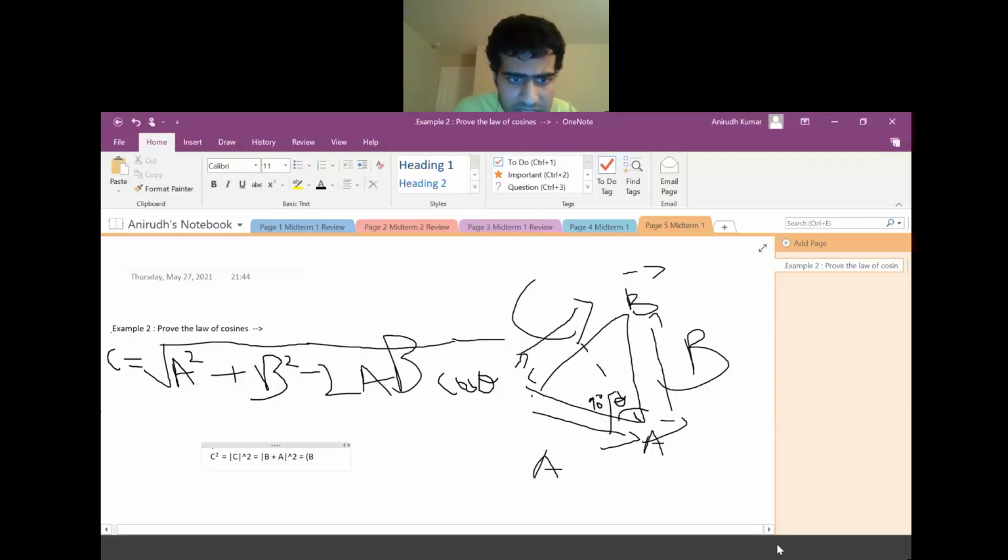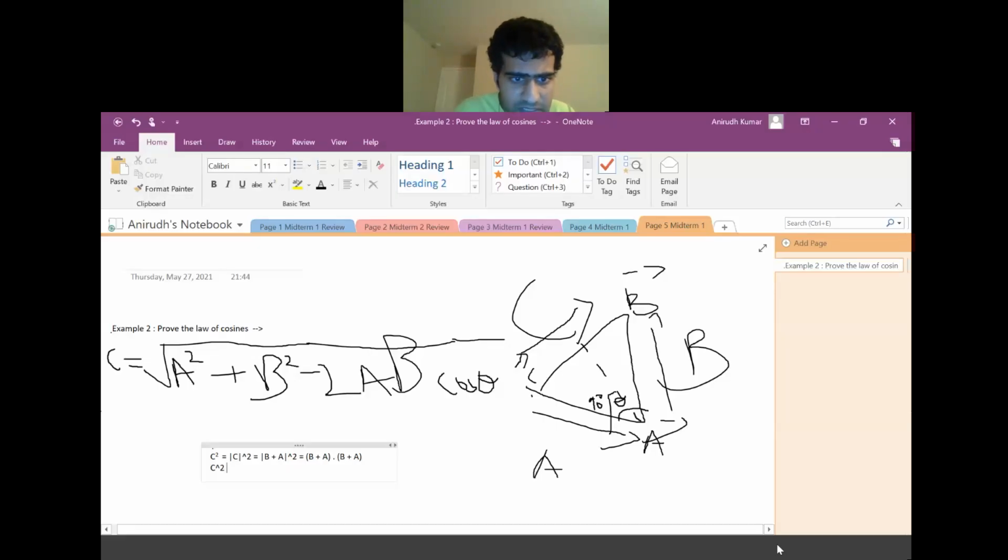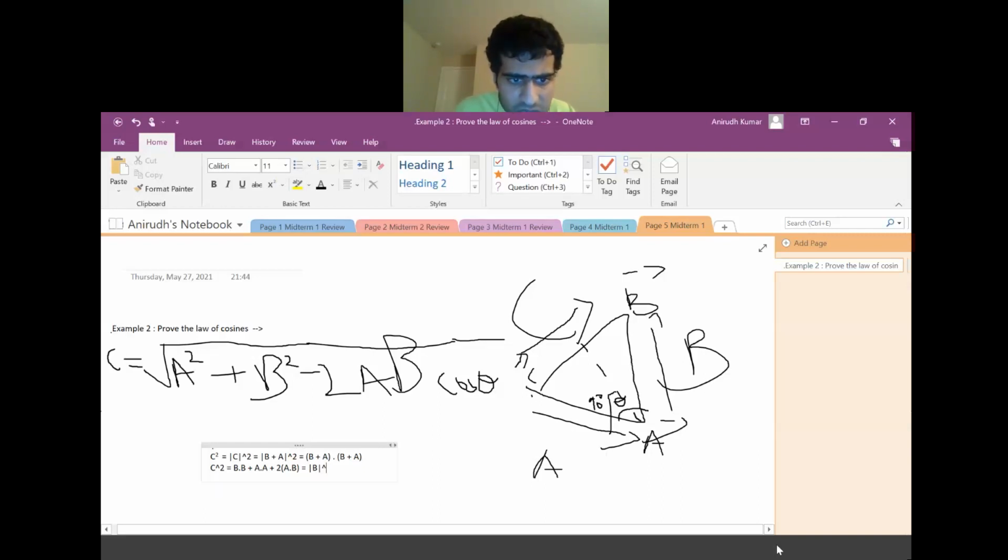And that is the same thing as B plus A dotted with B plus A. Which is of course the same thing as C squared is equal to B dotted with B plus A dotted with A plus 2 times A dotted with B. And then I am left with B square plus A square plus 2AB cosine of 180 minus theta.